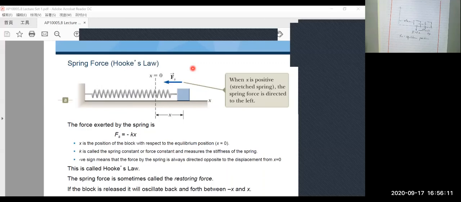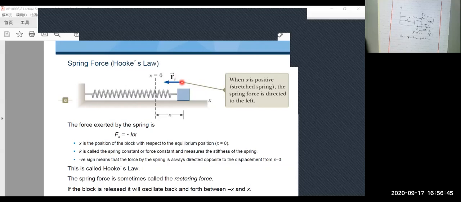This displacement is at the expense of a force created in the spring. The force from the spring, as from your experience, would be pointing in the direction opposite to the extension. So Fs is the force from the spring, as you will see in the diagram here.